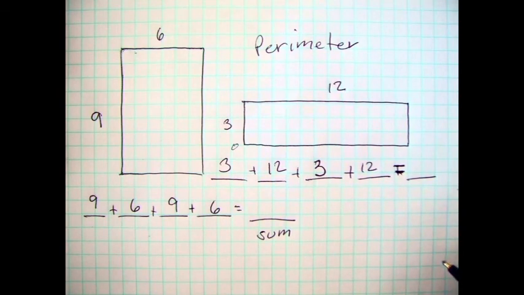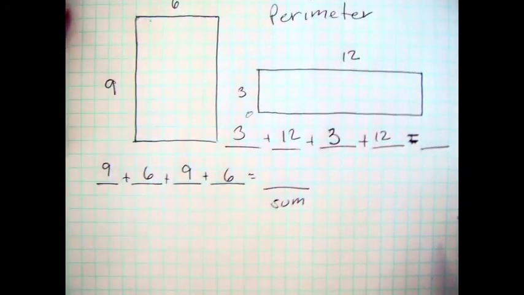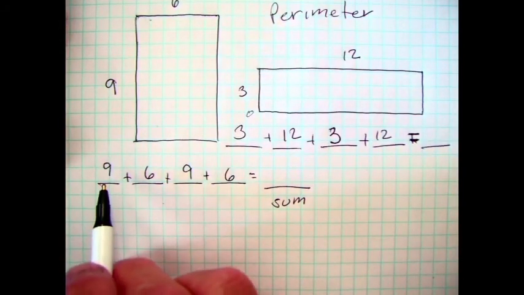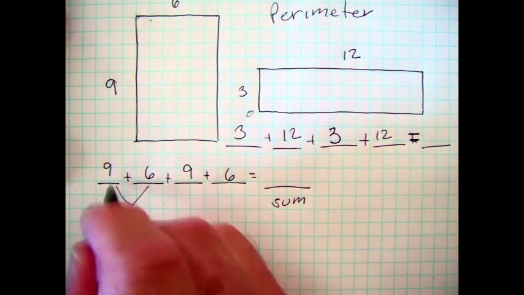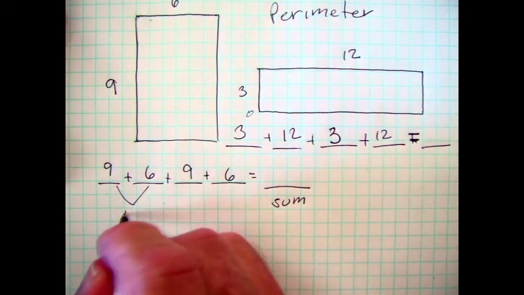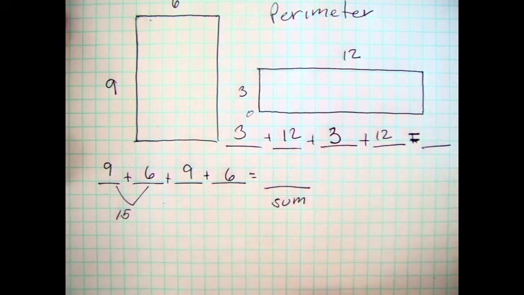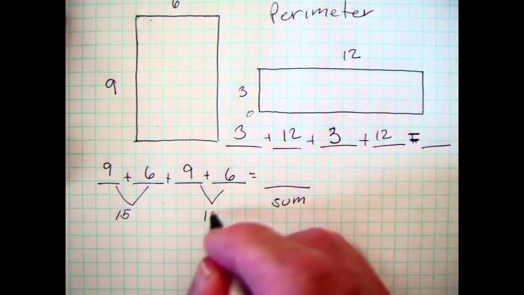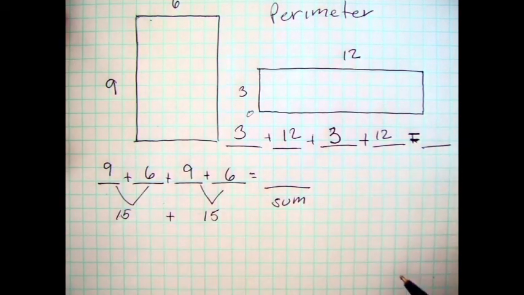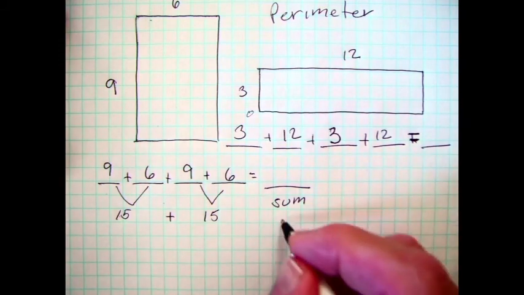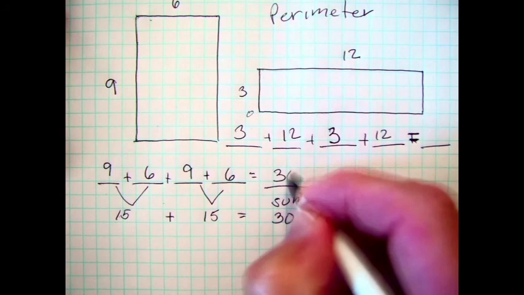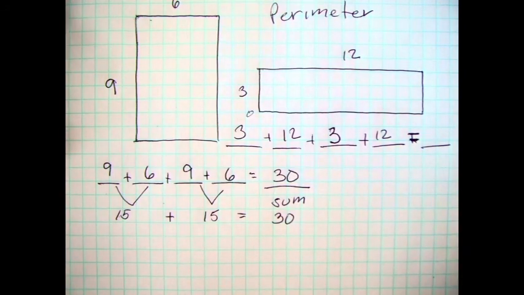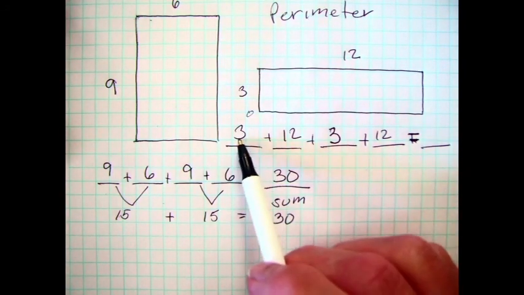So now I'm going to use my strategy for addition. Over here, I'm going to use my 9 and 6. I'm going to add these 2 up. So I'm going to put a little caret down here, and I'm going to say this is 15. And over here, this is 15. I'm going to add those together, and I know my sum's going to be 30. 15 plus 15 is 30, so this is going to equal 30 as far as my perimeter.